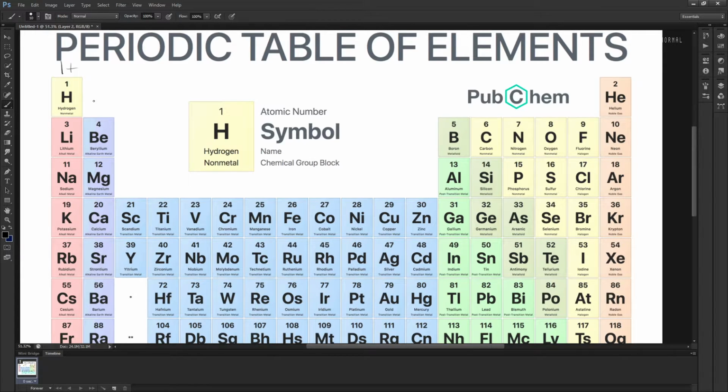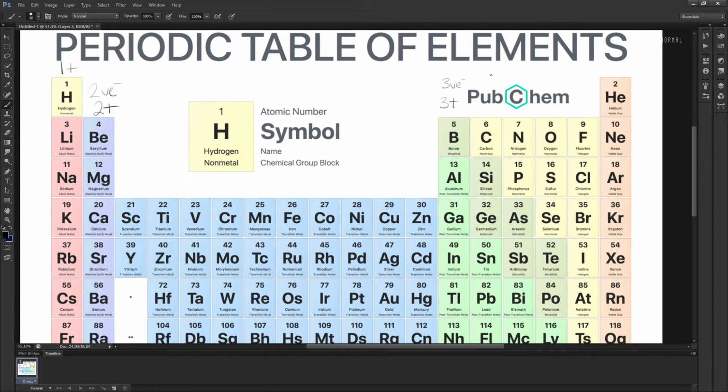Elements in group 2 have 2 valence electrons, and because of that, they'll try to lose their 2 electrons, and they'll have a plus 2 charge. We're going to skip all of the transition metals. When we add electrons to those atoms, they don't add to a valence shell, so we can skip those.